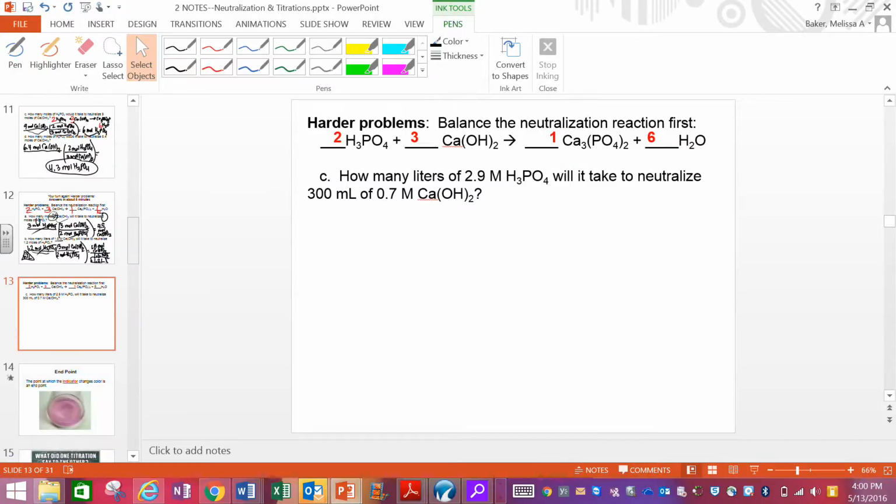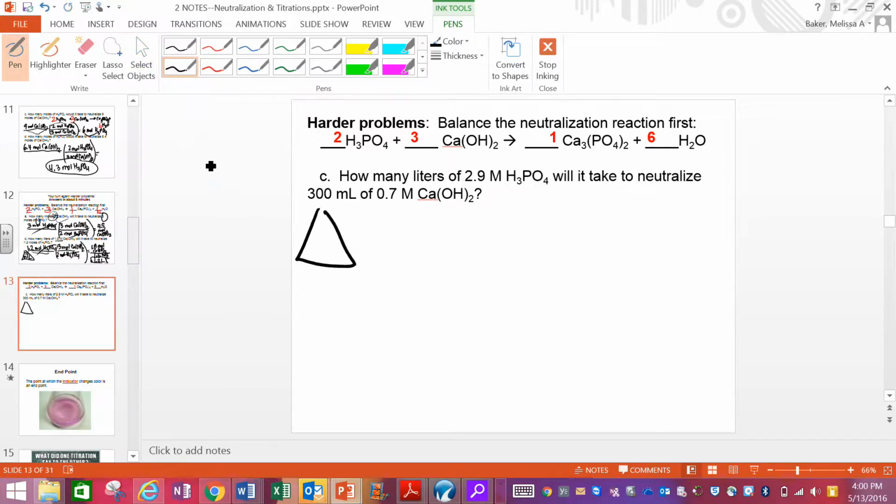Let's do another one that I don't mess up on. All right. This time it says, how many liters of a 2.9 molar solution of acid will it take to neutralize 300 milliliters of a 0.7 molar solution of calcium hydroxide? Well, let's figure out how many moles of calcium hydroxide we've got to neutralize.